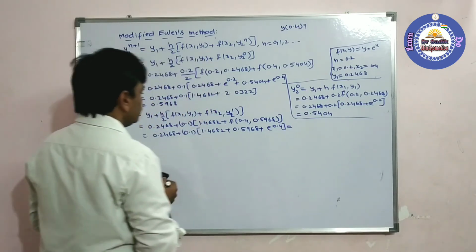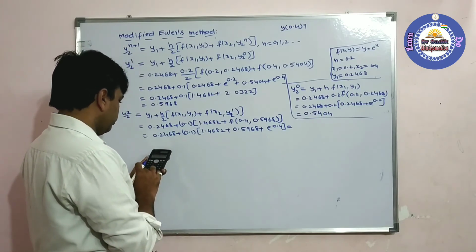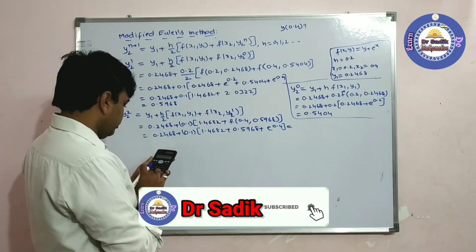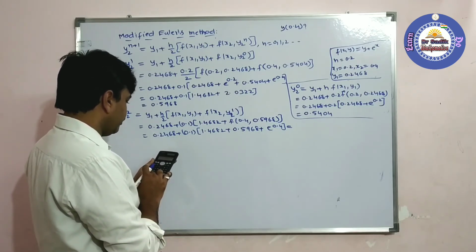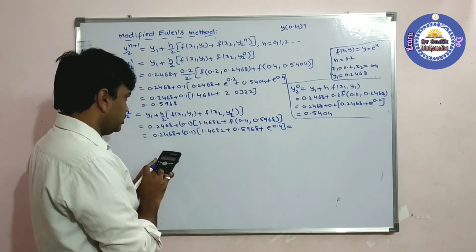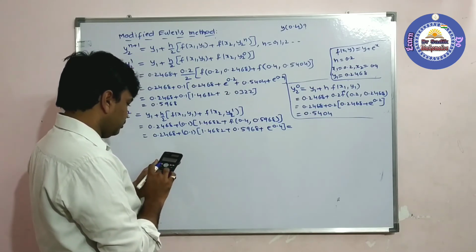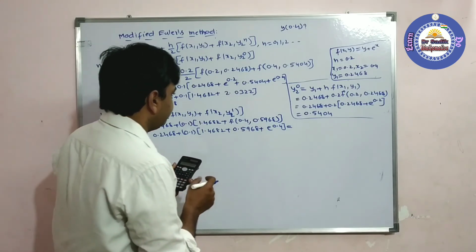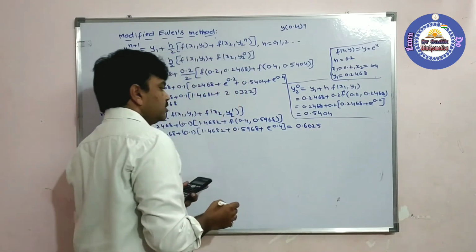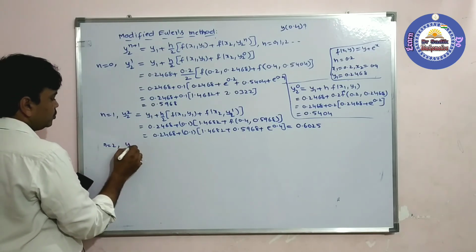So that is equal to, calculate: 0.2468 plus 0.1 bracket 1.4682 plus 0.5968 plus shift ln 0.4, bracket close, that is equal to, we get here 0.6025. So n is equal to 2, we get here y2 power 3.